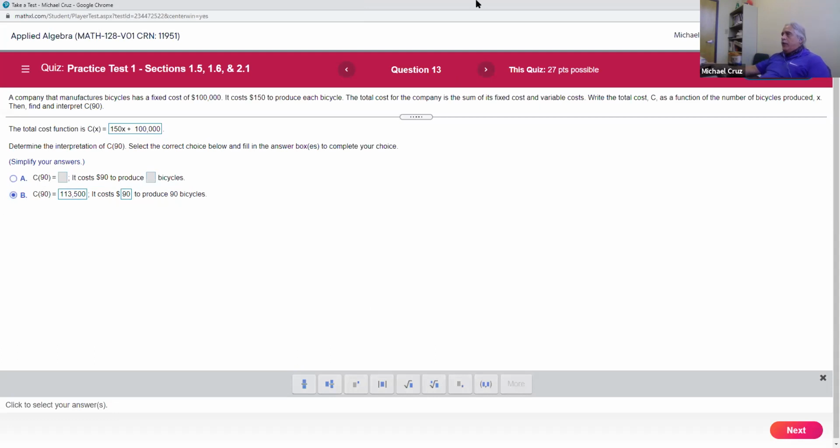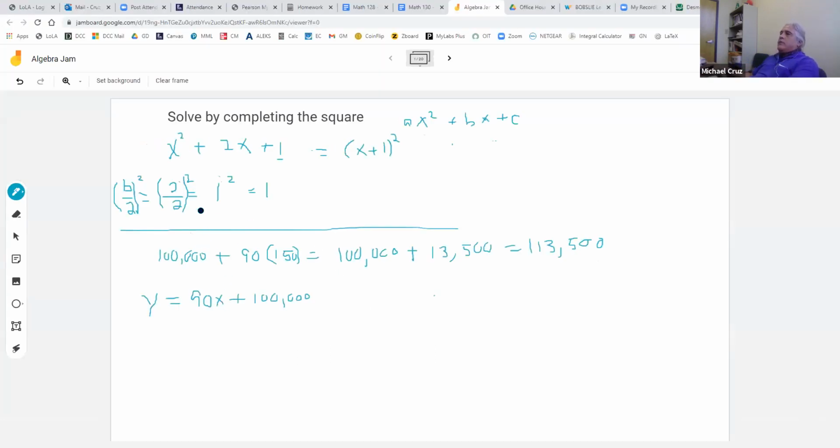Over here, I had this backwards. So this should be 150, because that was the cost per bike. There we go. And that's what I put in there.